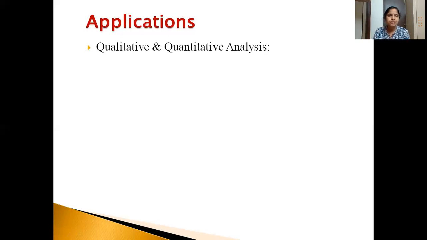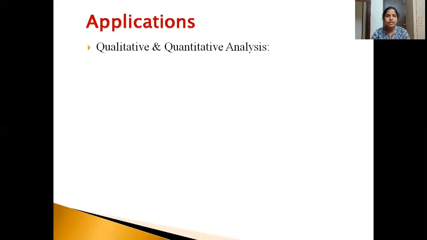The overall applications of UV visible spectroscopy are that we can use it in qualitative and quantitative analysis. Qualitative is the nature of the group which is present in the compound, and quantitative analysis is how much amount of the compound is present. Now how to calculate this, we have seen in our last class about Lambert-Beer's law. What is Lambert-Beer's law? It is A is equal to epsilon Cl.